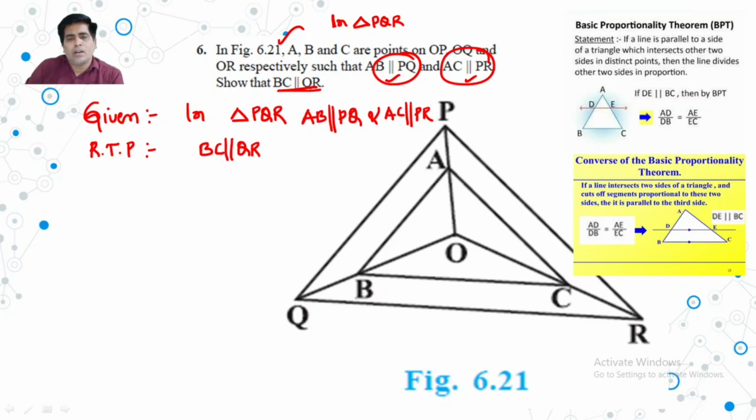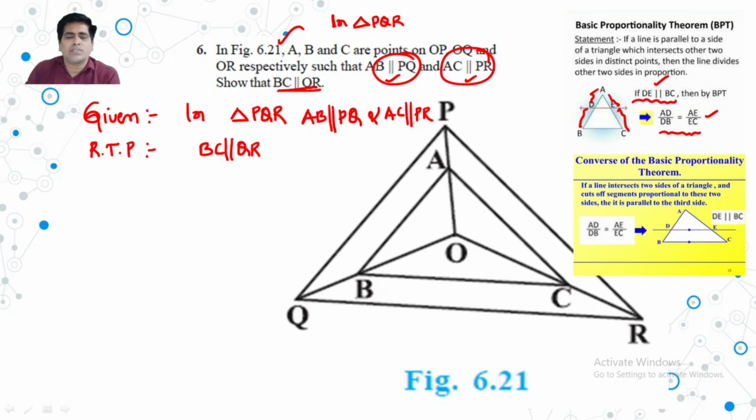If DE is parallel to BC in your triangle ABC, then AD by DB is equal to AE by EC. When it is parallel, the ratios are equal.